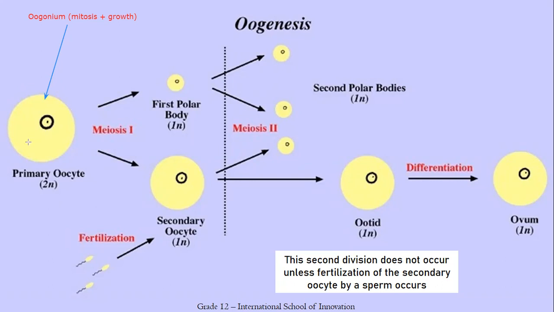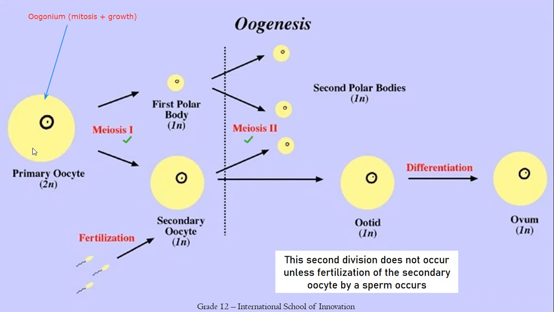At puberty, oocyte 1 does meiosis 1 and starts meiosis 2, but stops at metaphase 2, and oocyte 2 is released into the fallopian tube.